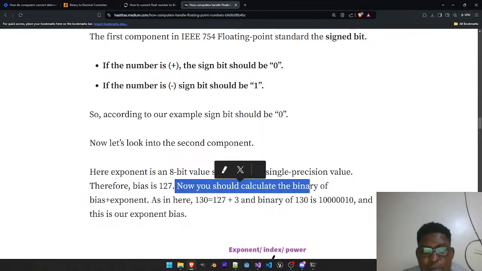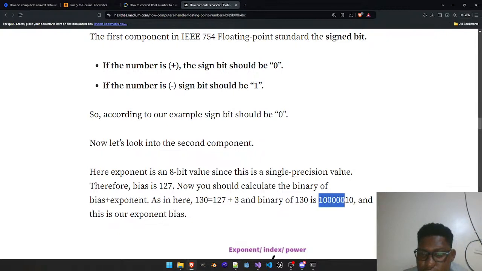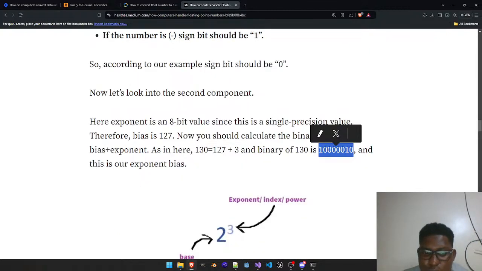Now you should calculate the binary of bias plus exponent, as in here, 127 plus 3. Yeah, exactly what we had done. And the binary of 130 is this, and this is our exponent bias.